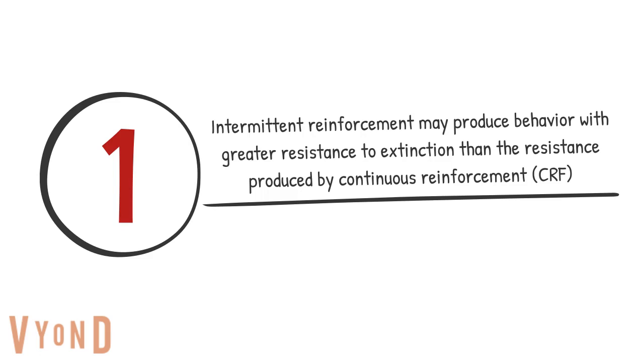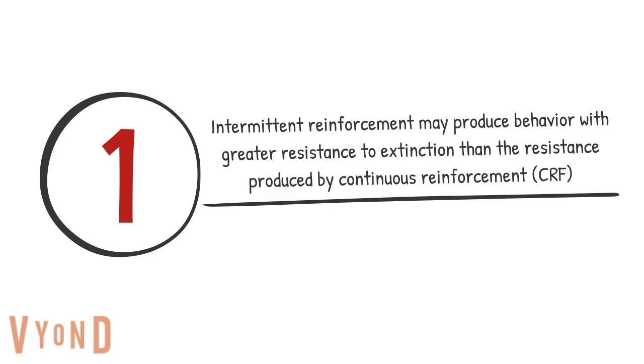And this is because the learner will never know when they'll get reinforced or not, so they'll maintain that behavior. So as intermittent reinforcement is effective when we're teaching replacement behaviors, it can also work against us when we aren't consistent with the extinction.